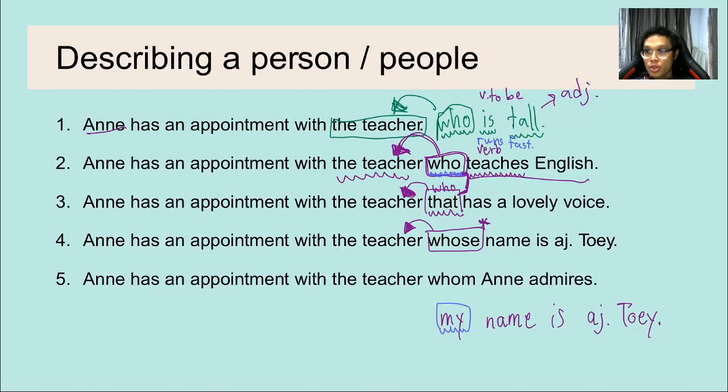So when you use mine or his or her, there are other possessive pronouns that we can use.